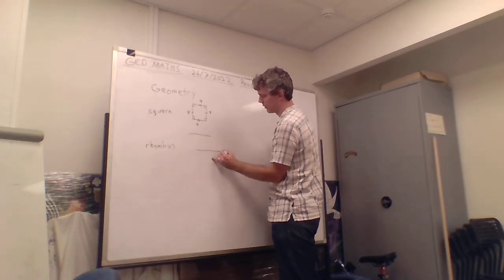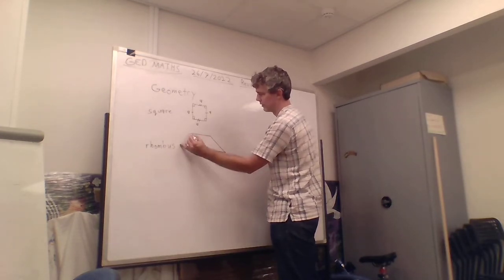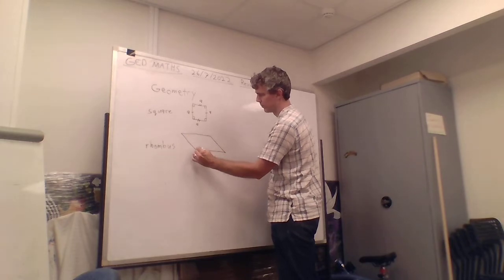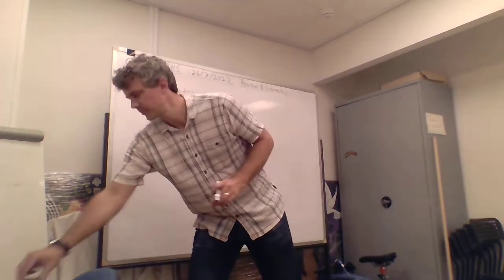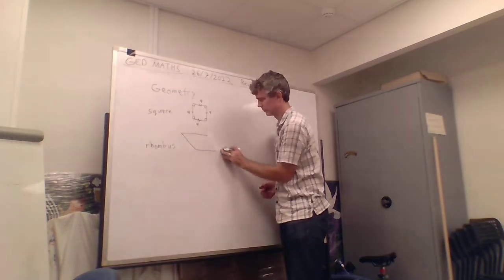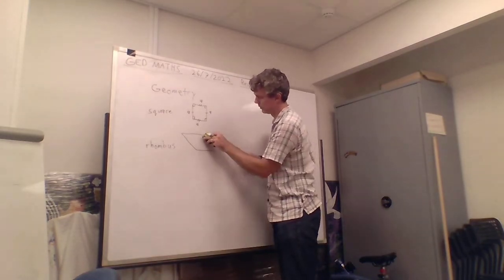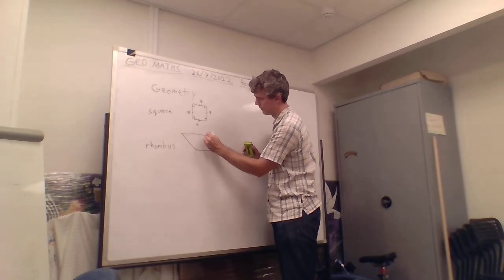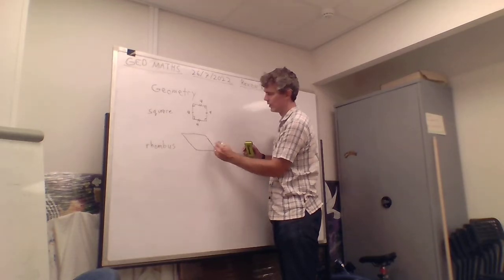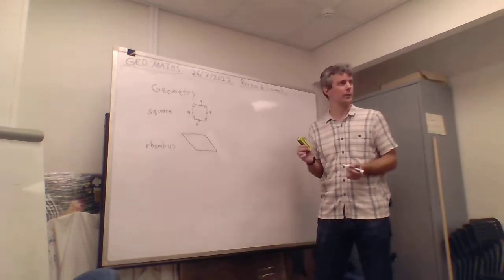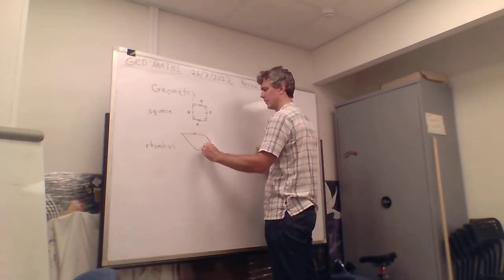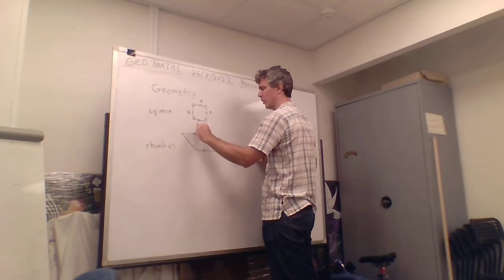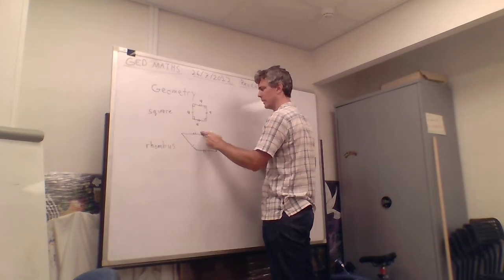And the special thing with this one is that a rhombus also has all sides equal. So a rhombus is a special parallelogram where all sides are equal. Let me put B.